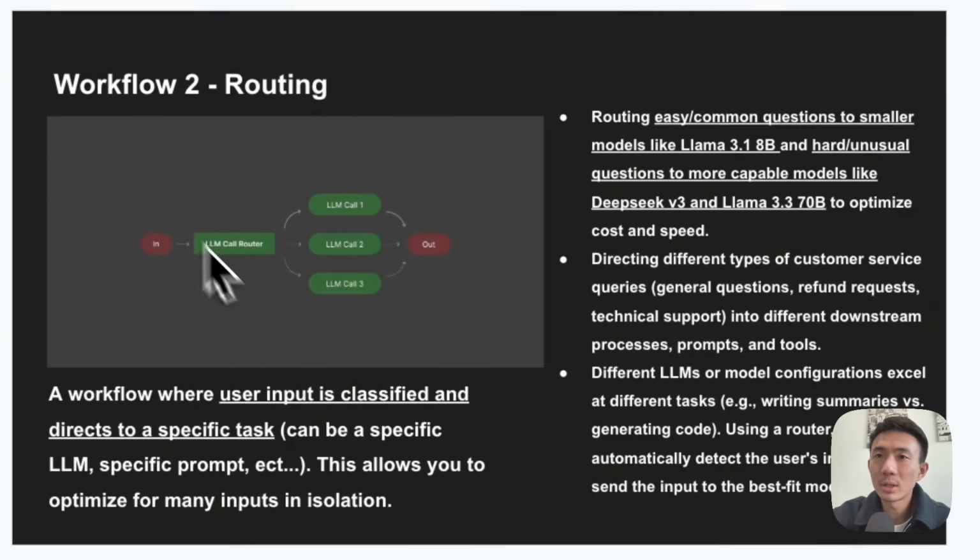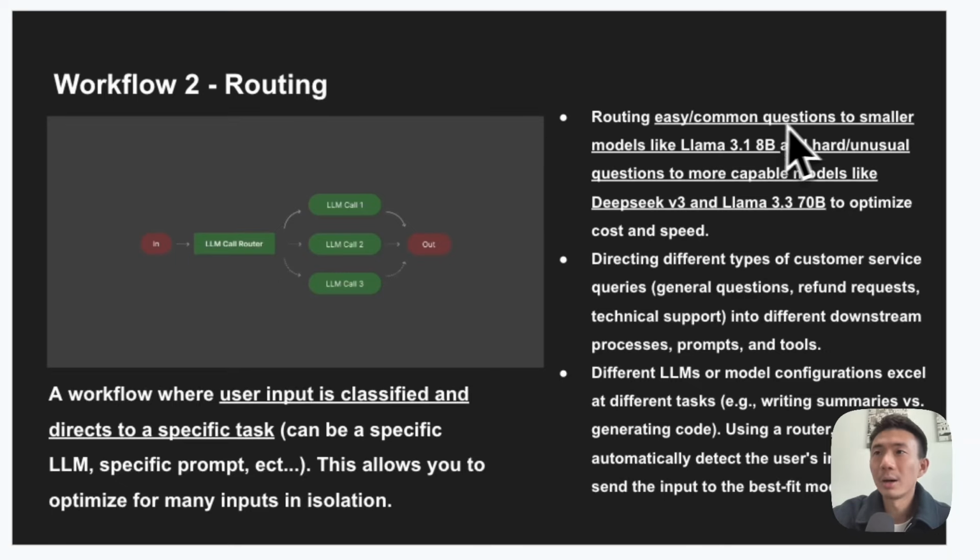All right, after talking about the first workflow called prompt chaining, let's talk about the second one called routing. As you can see from this image, the workflow is shown when input is processed through the LLM router. It is classified and directed to a specific task. For example, different tasks will be done by different LLMs.